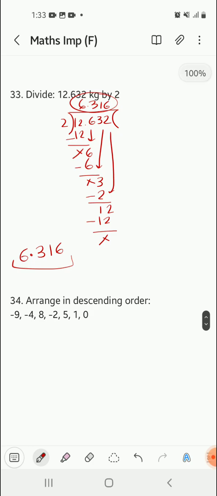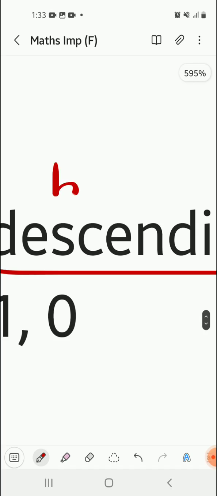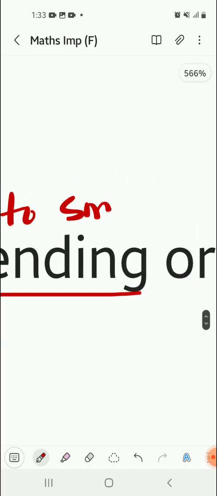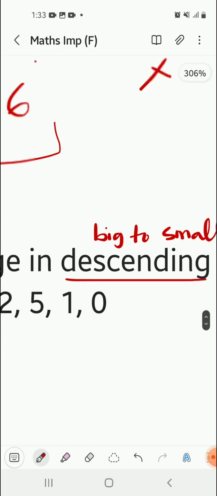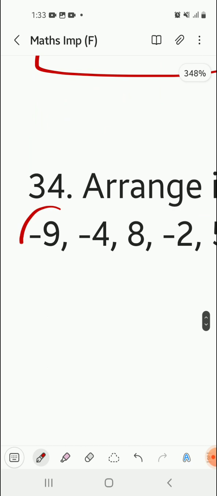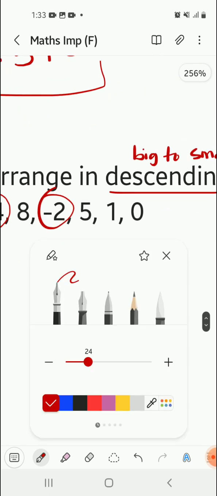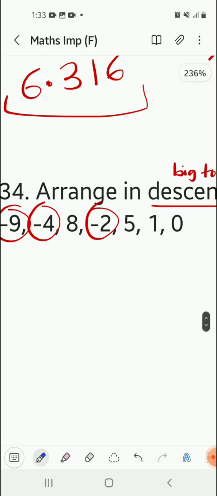Moving on to the next question. Arrange in descending order. Now descending means big to small. Okay. Now here you can see we will first pick all the negative numbers. -9, -4, -2. Separate all the negative numbers. I'm doing it with the red. And all the positive, that is 8, 5, 1, 0.